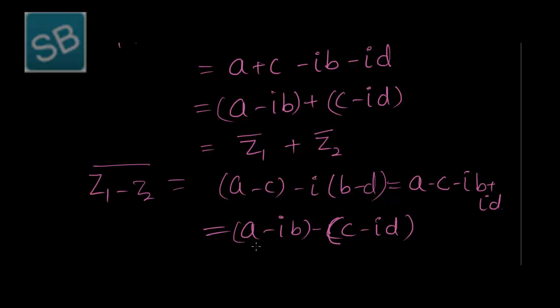We see that a minus iota b is z1 bar and c minus iota d is z2 bar, that is z1 minus z2 whole bar is equal to z1 bar minus z2 bar.